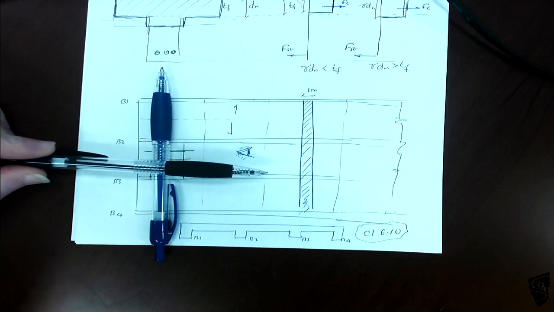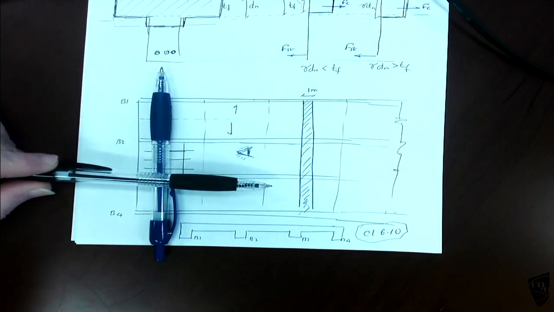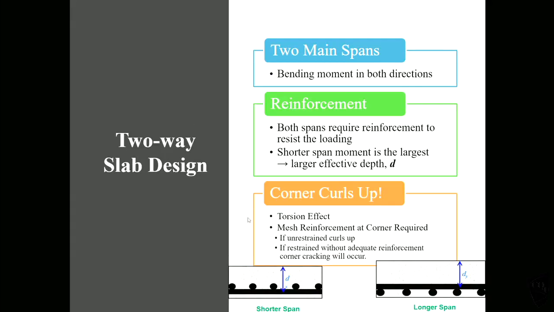So the shorter span will go on the bottom. That's why you can see the shorter span you'll have reinforcement this way, and the longer span reinforcement.